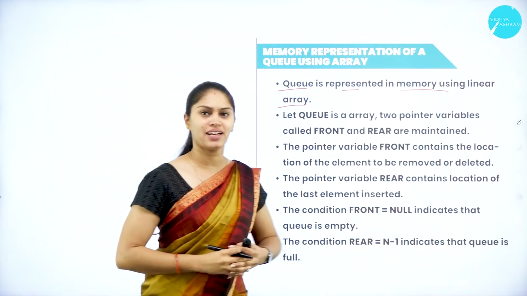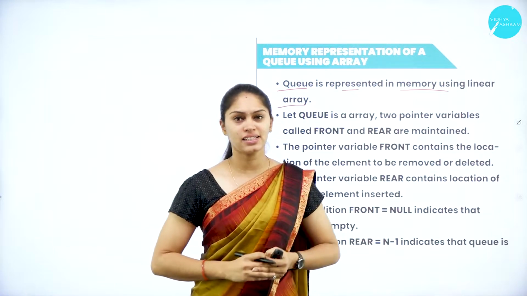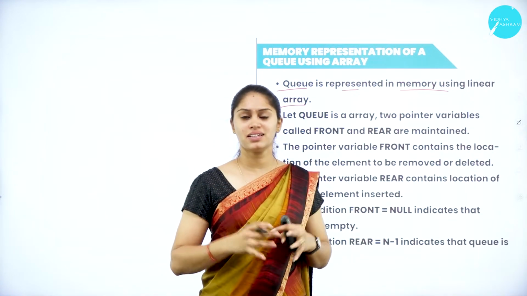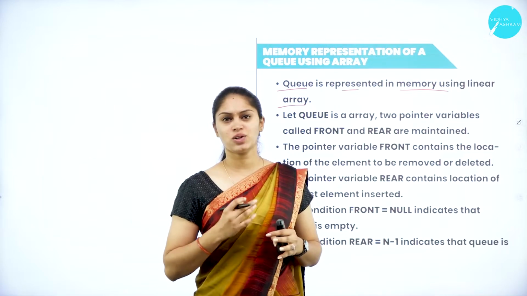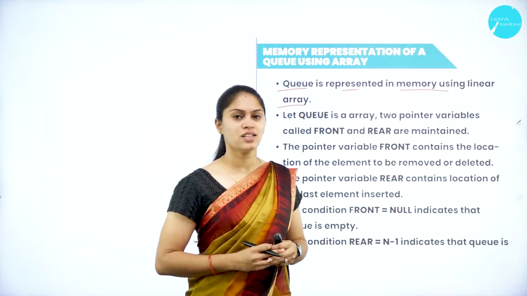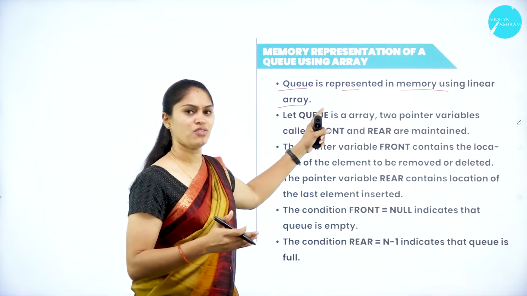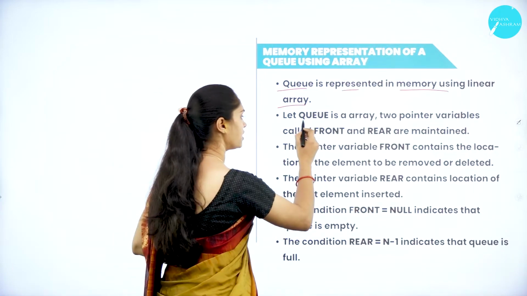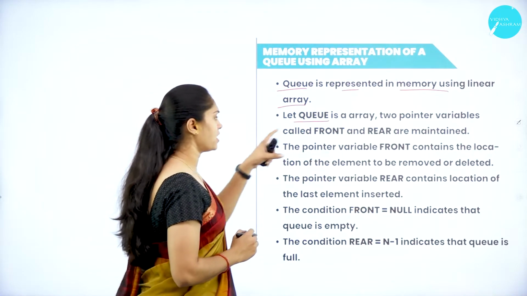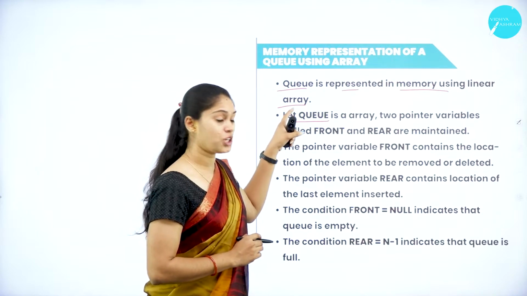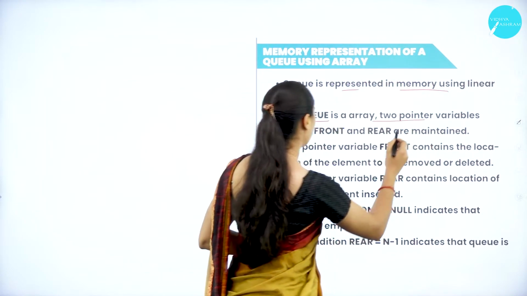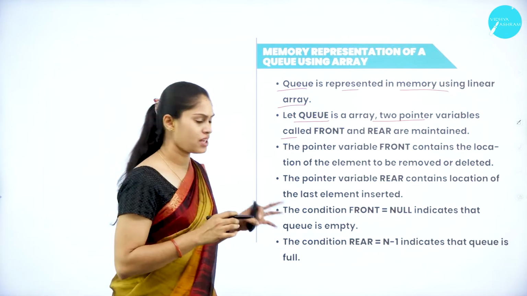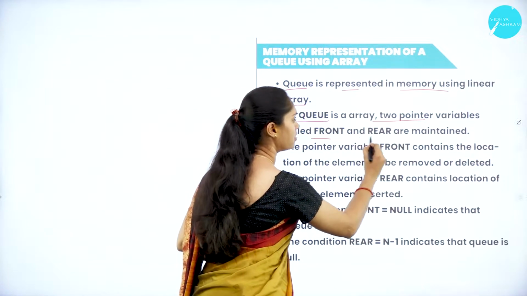If it is a linear array, then it has to be a single dimensional array. It can be represented either row wise or column wise. Q is an ordered collection of elements. Next, let Q be an array. What is the name of the array here? That is Q, and two pointer variables are going to be used, that is front and rear.